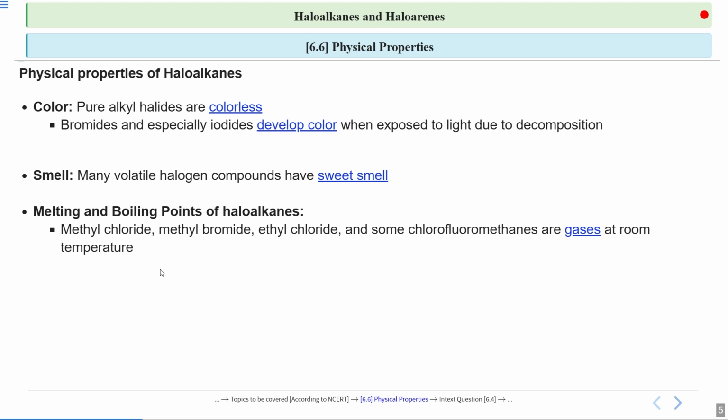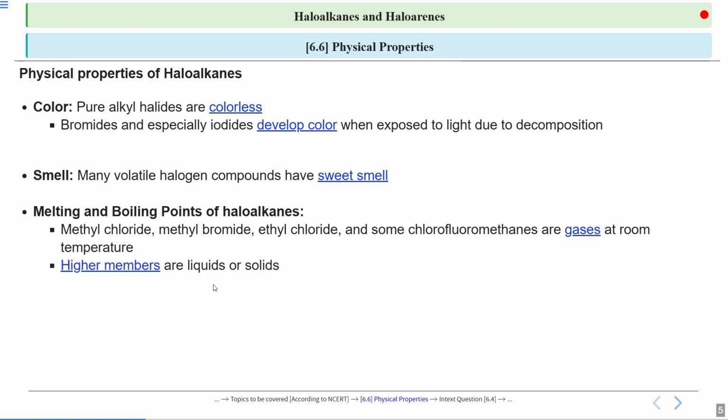So at normal temperature, these compounds like methyl chloride, where the methyl alkyl group is attached with the chlorine halogen, methyl bromide, where the halogen is bromine, and ethyl chloride, where the halogen is chlorine but the carbon chain is of 2 carbons, ethyl, and some chlorofluoromethanes, where two kinds of halogens are present, chloro and fluoro, that means chlorine and fluorine, are in gaseous form at room temperature.